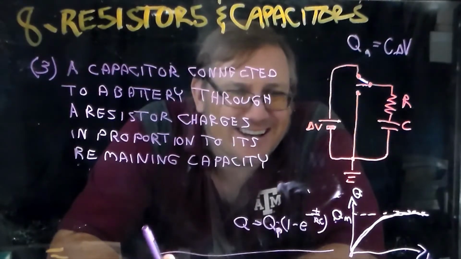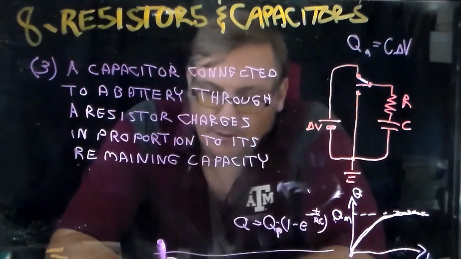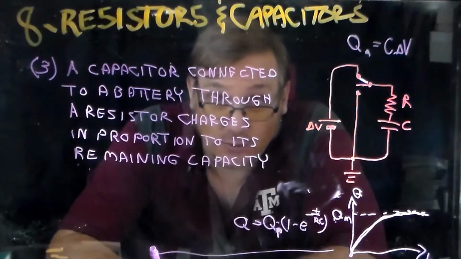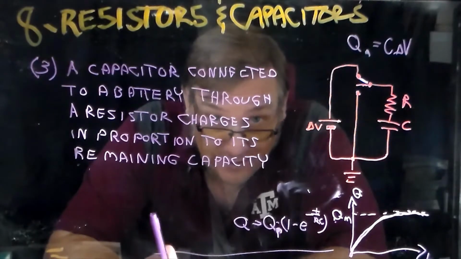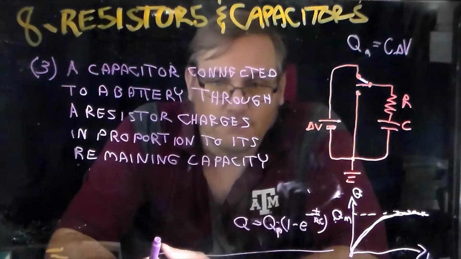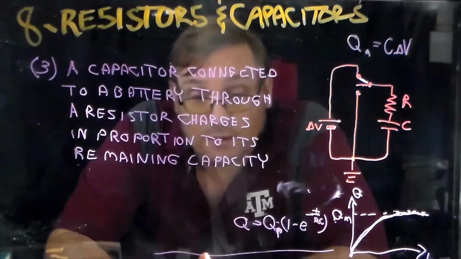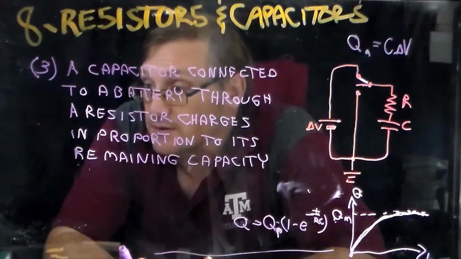Technically, you should never actually charge it completely, but that ignores the fact that you only have so many electrons, so eventually you do fill it up. So that's all the charging, that's all it does.